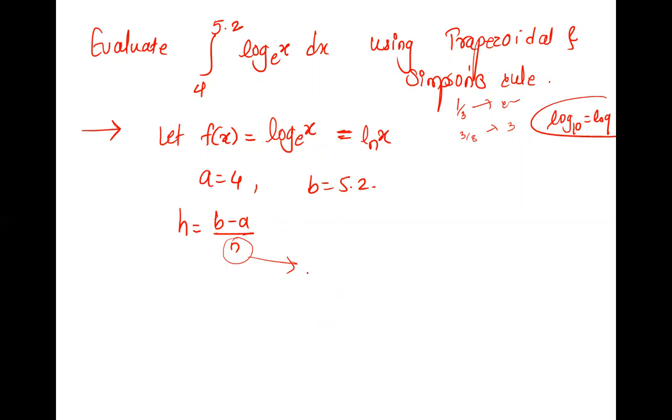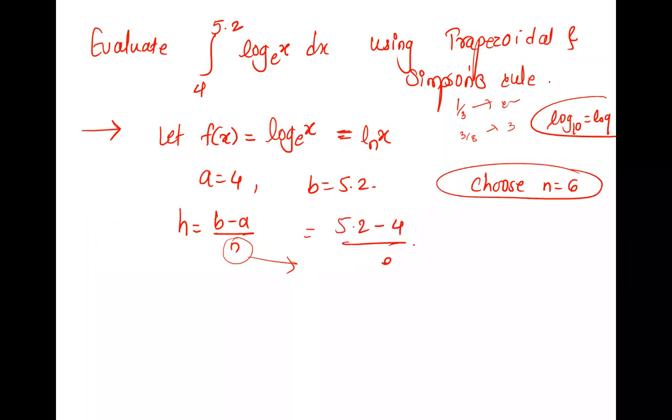So you choose n is 6 if both Simpson's are asked, right? So 5.2 minus 4 by 6, that is 1.2 by 6. How much will it come? 0.2.